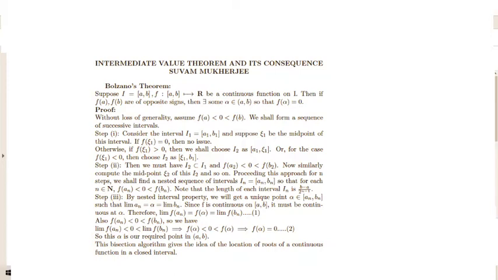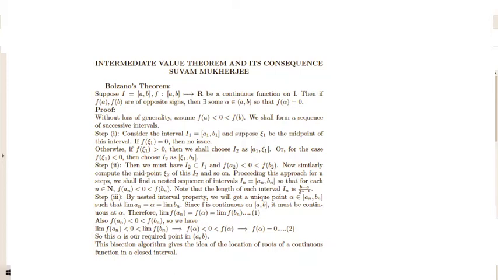That means if the functional values at the extreme points, f(a) and f(b), are of opposite signs, then this theorem ensures the existence of some point in the open interval such that the functional value is 0.